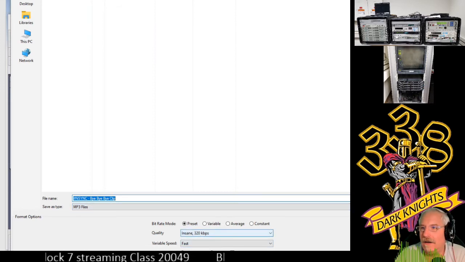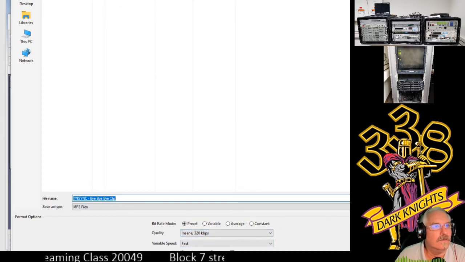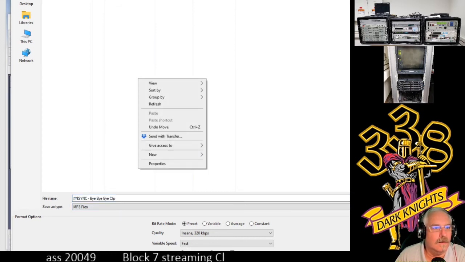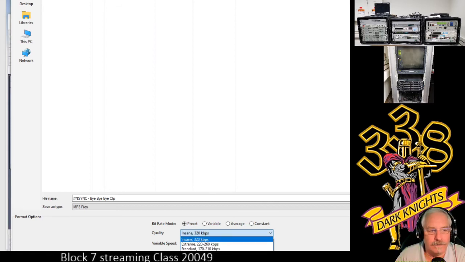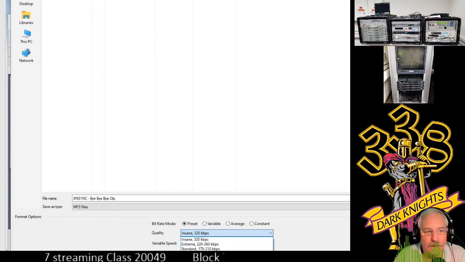All right, I'm not sure you can see down at the bottom here. Oh well. Anyway, down here where it says quality, that is a sample rate. You can do 145 to 185 kbps.